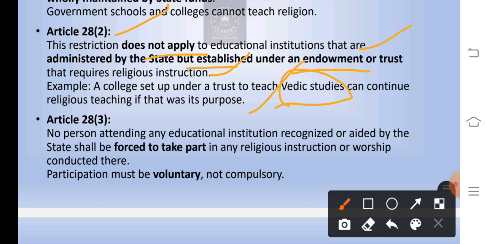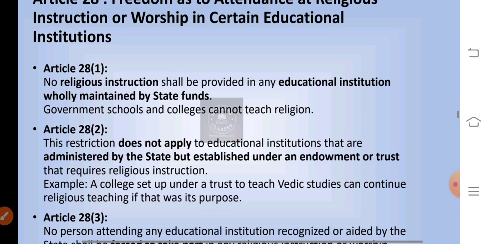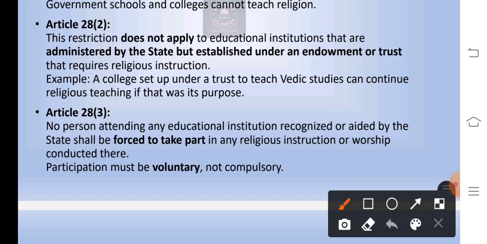Similarly, other religions like Islam, Christianity, Sikhism, Jainism, Buddhism can establish their own trust or college or educational institution, and for such religious colleges or institutions, Article 28 Clause 1 does not apply. That is the meaning of this Clause 2.